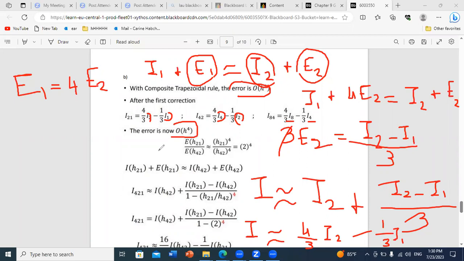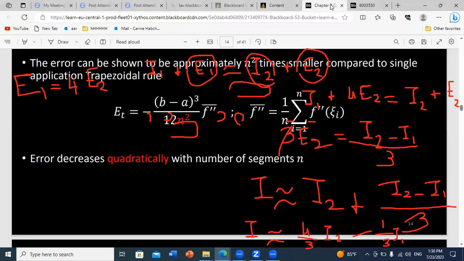Why are we saying that? If you remember, when we got the error expression for the composite trapezoidal rule, going back to its expression, we have n squared here. And the order here is square. This is why we say it's proportional to h squared.